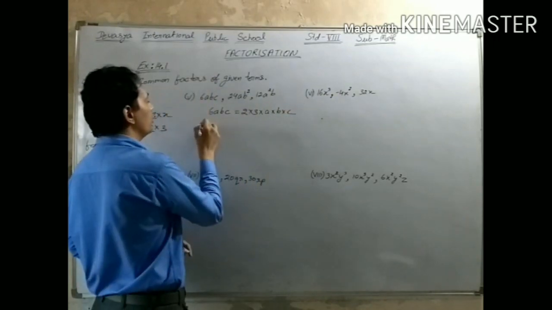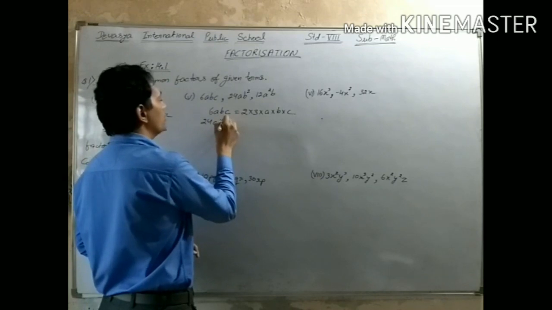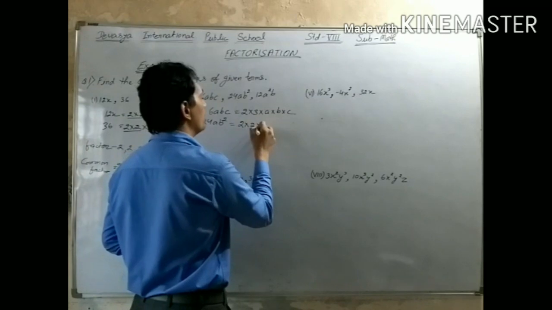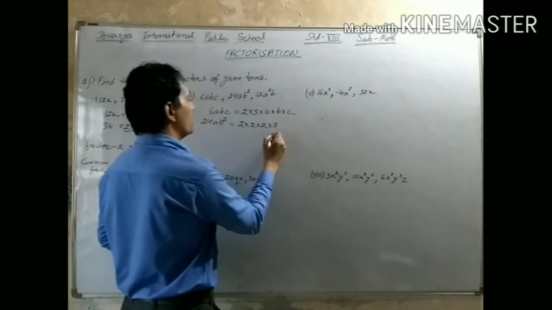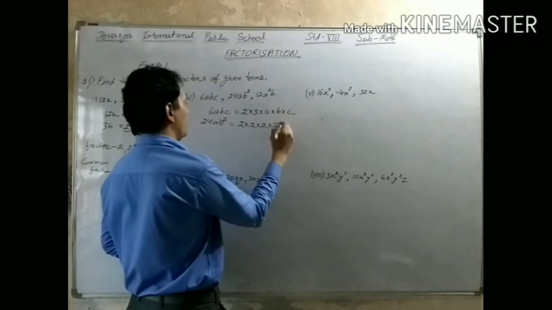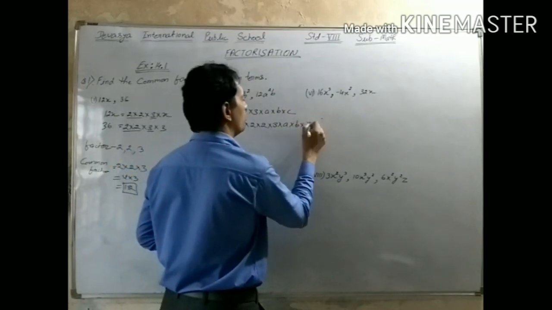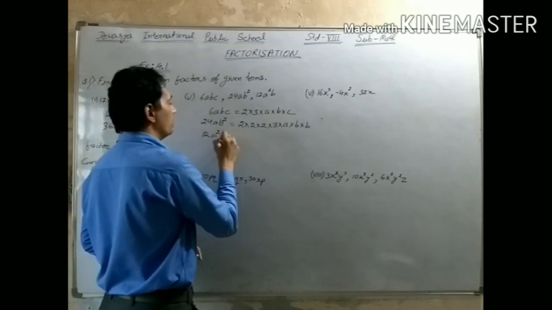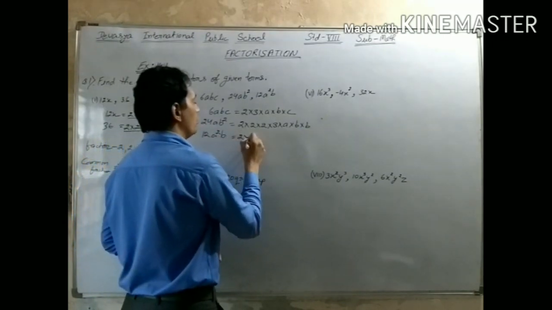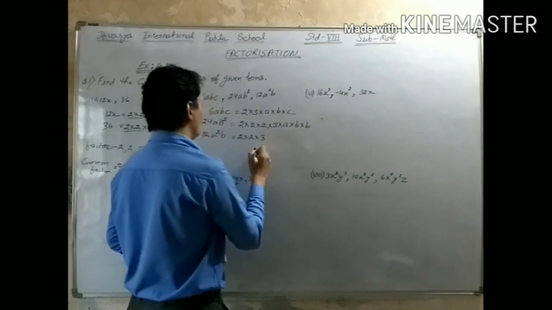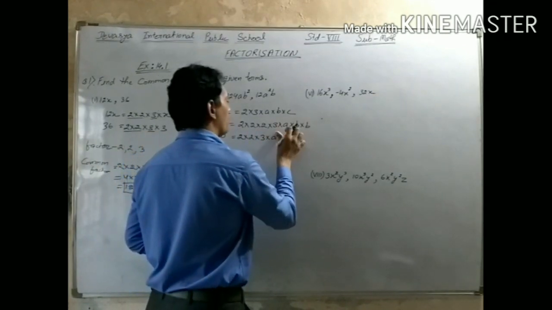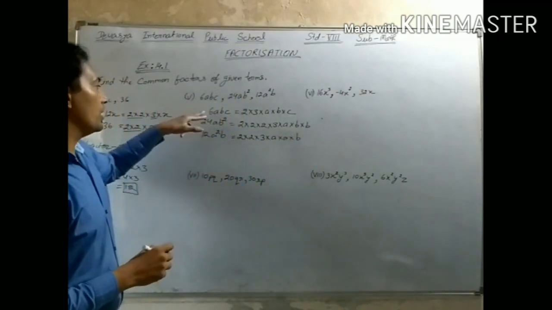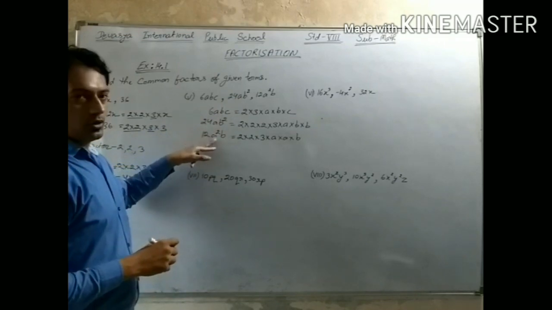The second term is 24ab square, which can be written as 2 into 2 into 2 into 3 into a into b into b. And the last term is 12a square b, which can be written as 2 into 2 into 3 into a into b. Now we have reduced all the three different terms, right?